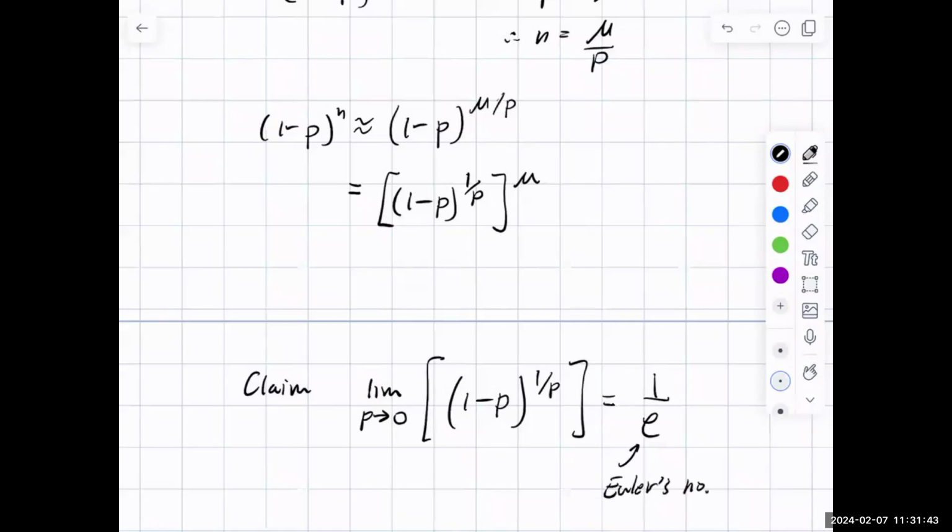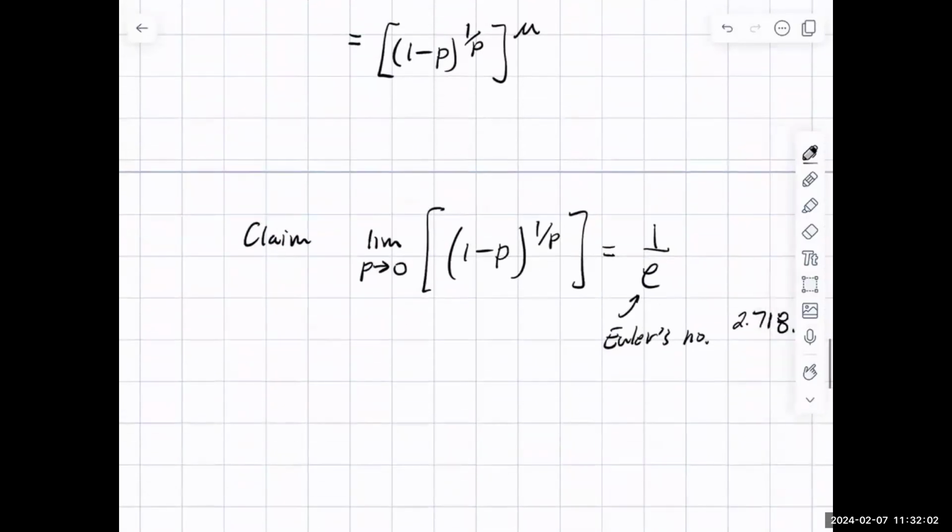It's e to the 1, which is like 2.71828. Okay, so what I want to do is prove this, and you may have seen it before. It's actually not that hard to prove. So let's try it. There's our claim.